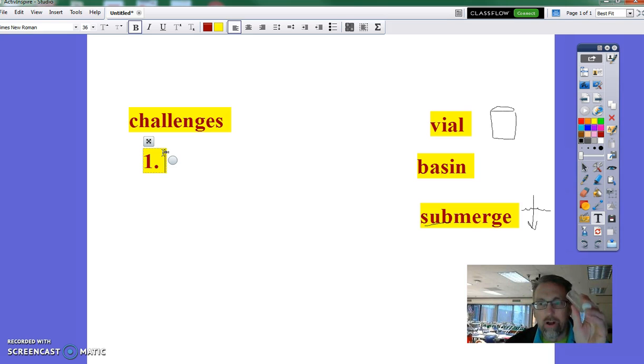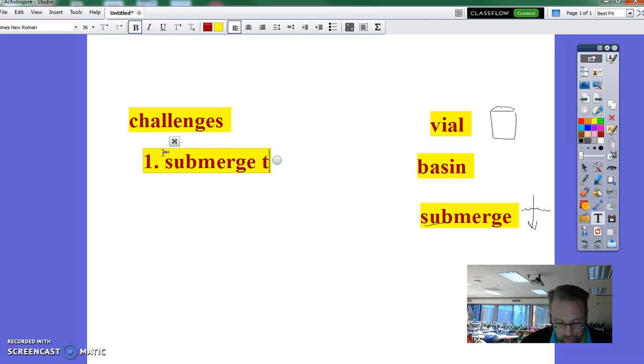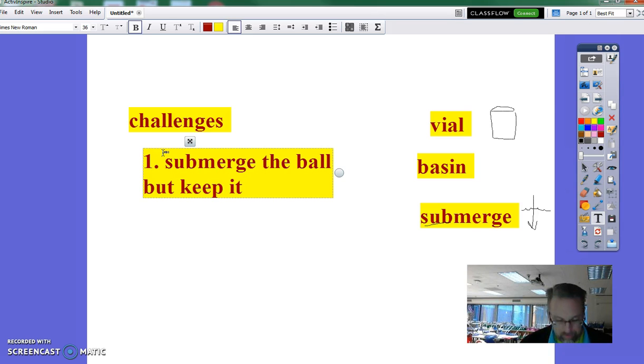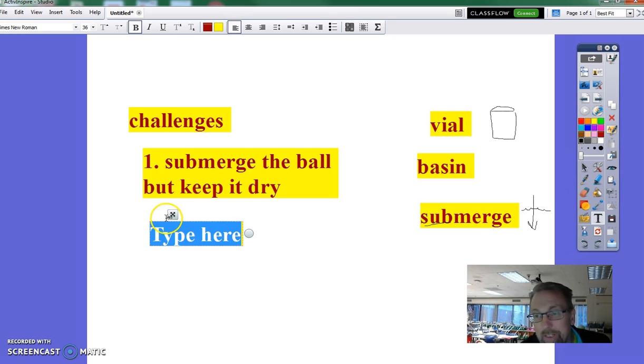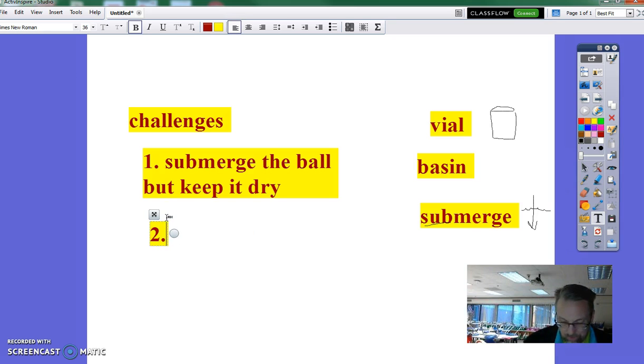Can you put the ball, submerge it underwater, and keep it dry? So submerge the ball, but keep it dry. Awesome.